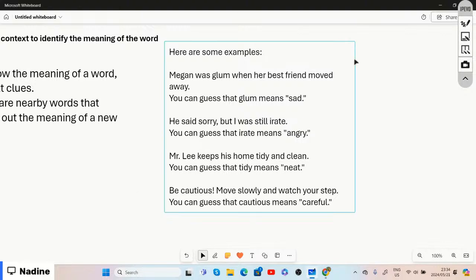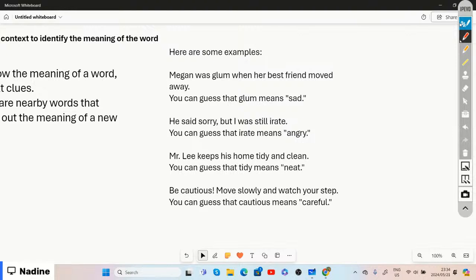And I made a simple example, the first sentence. It says, Megan was glum when her best friend moved away. I think that was a simpler meaning, because here we know that if our friend leaves, if our friend moves away, if something happens to our family, how do we feel?